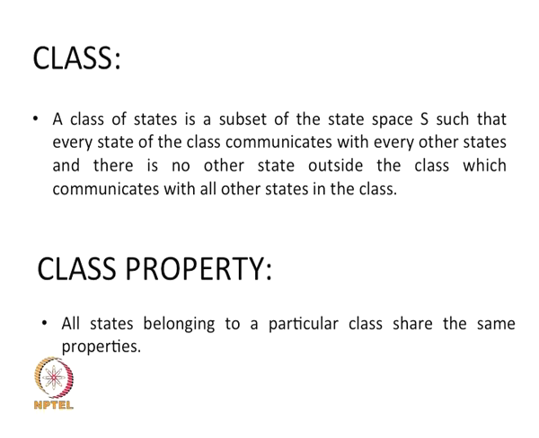That means you can start with one element, then include one more element, and one more element. Once this property is no longer satisfied, that means you cannot include one more state and make it a class, then you have to stop forming the class.